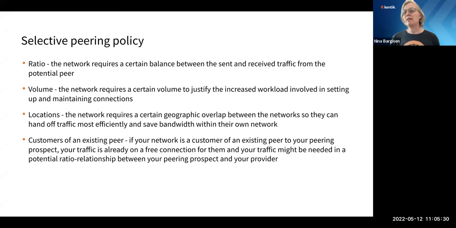Ratio never makes sense when you have a content and end user network peer, because traffic is typically flowing in one direction, but there still is a mutual benefit, even though it's not the same amounts of traffic going each way. So again, ratio only applies as a mutual benefit to some types of network.